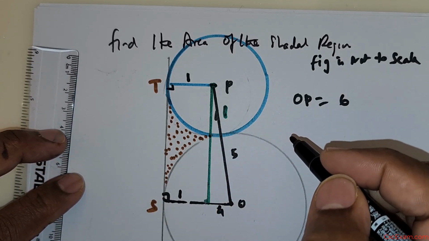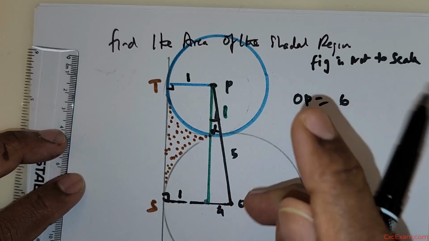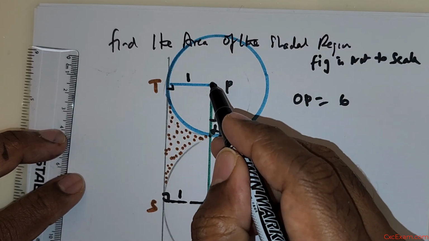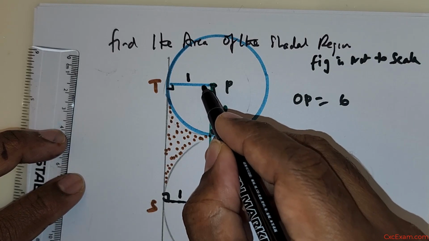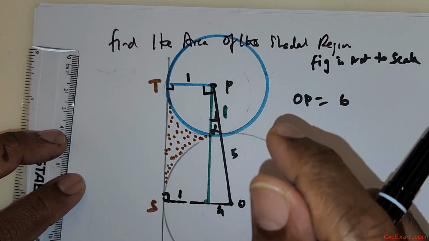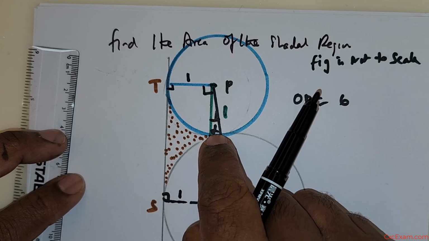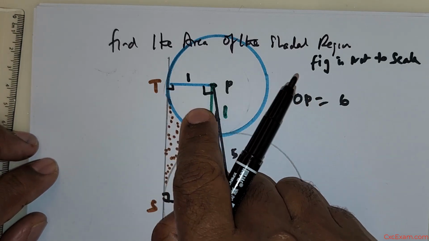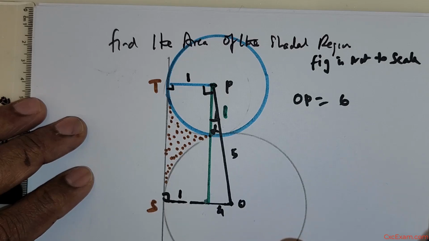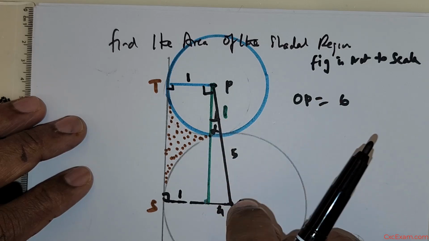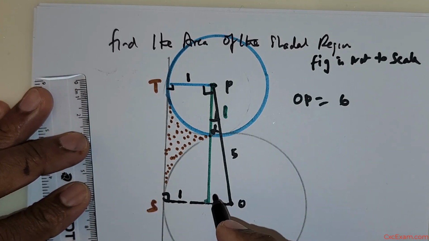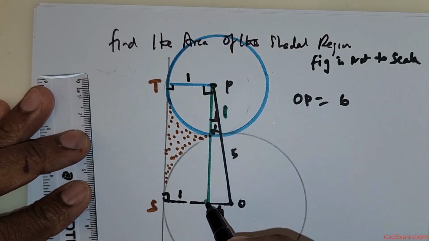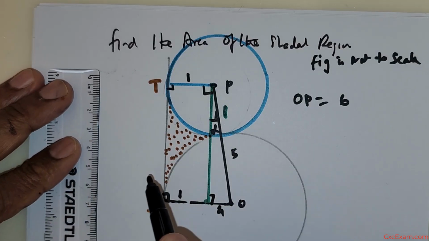Now I'm going to take this angle as alpha. I need this angle because of this drop, this perpendicular, right? So this is clearly going to be 90 degrees. This is 90, but we need to get this alpha. We need to get this angle. Okay, so how do we get this angle? Now we know this is actually a right triangle. Why do I say that? Because of this perpendicular, this is going to be 90 degrees.